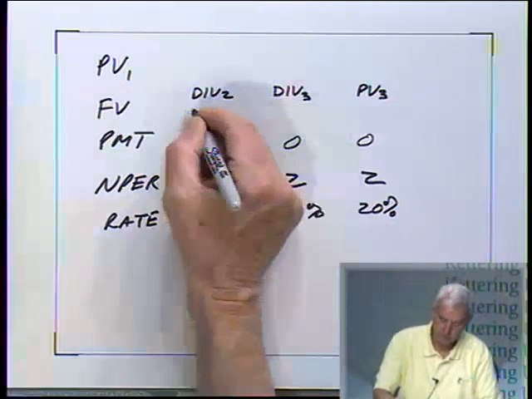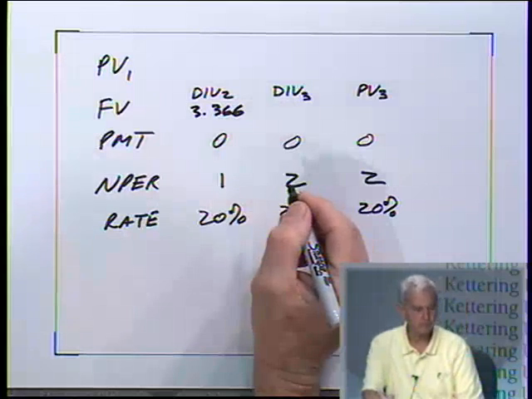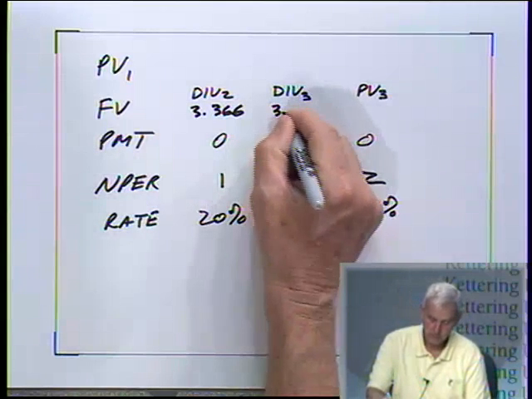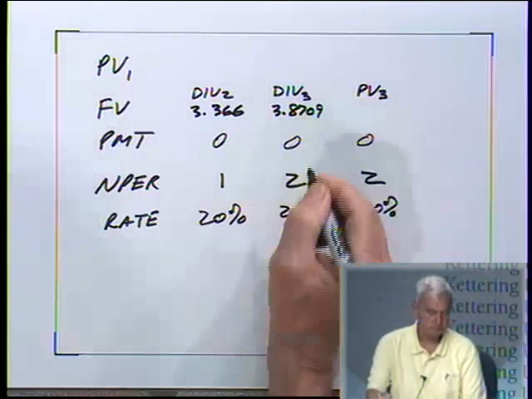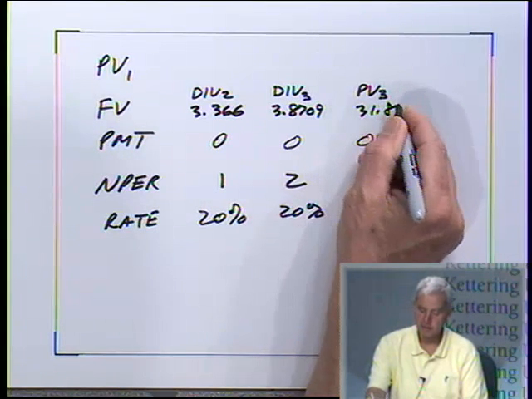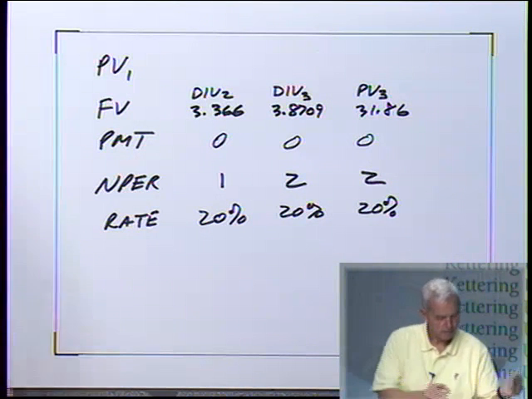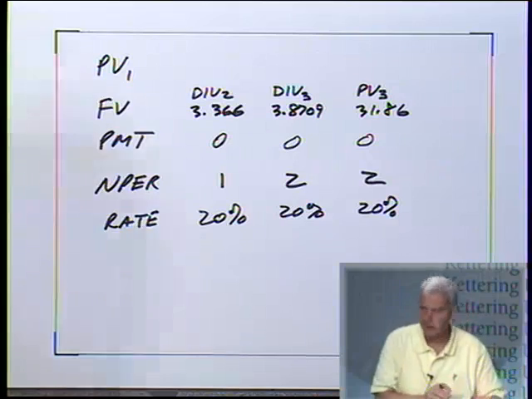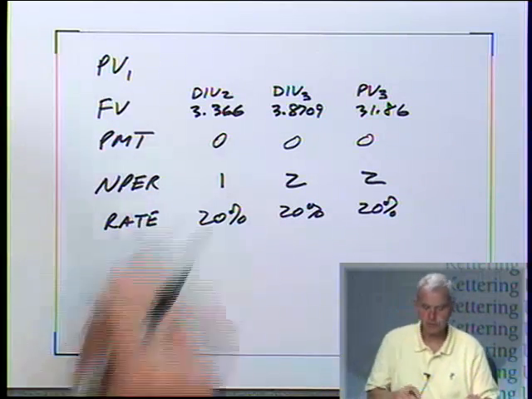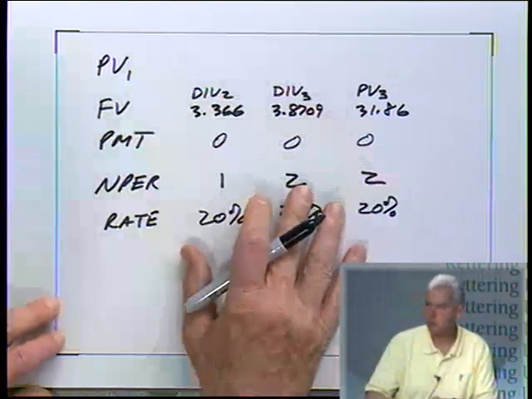It's at 3.366, 3.8709, and maybe I won't make this mistake again. 3186 was that? I don't think I worked that out. I don't have the number worked out here, so you'll have to work that out on your own. But that's how you go about answering the question, what is it going to be worth 1 year from today?